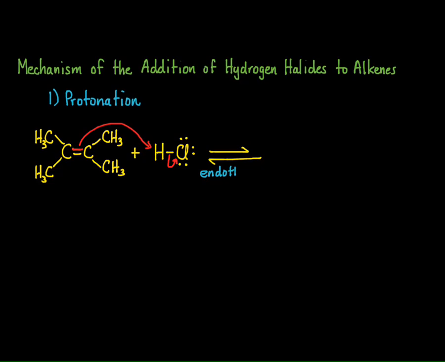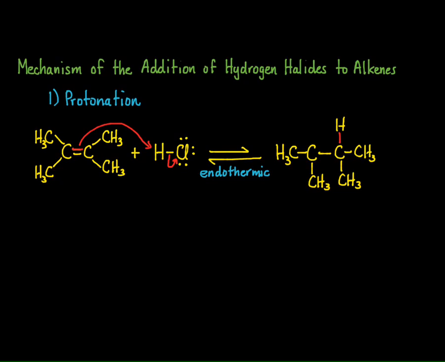Now, it happens that this is an endothermic reaction, and the reason for this is because of the products that result from it. The product that results from this reaction is not our addition product, right? I've only added a proton across a double bond. So how do I represent this?